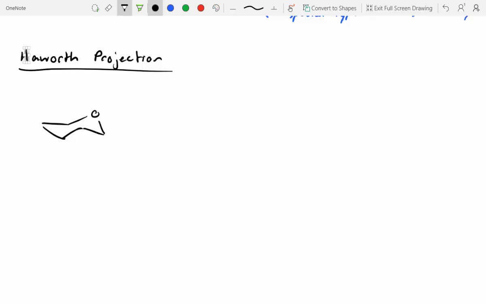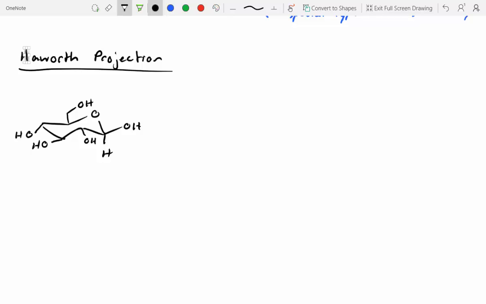We'll do beta D-glucose. You guys thought you got away from drawing hexagons and chair conformation again. So this is our chair.